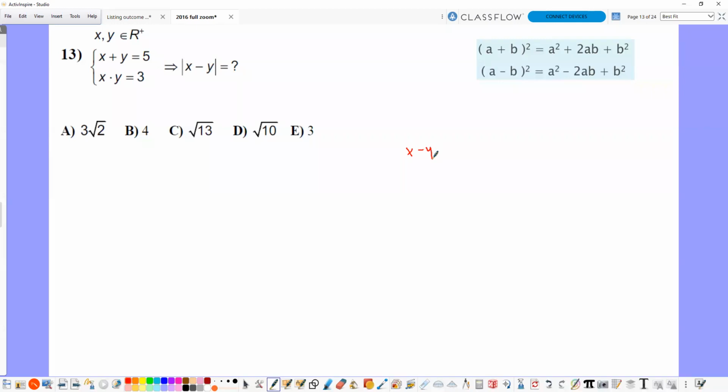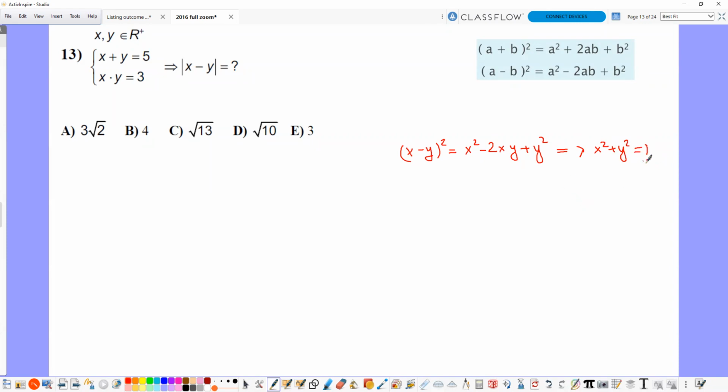If I need x minus y squared, I need x squared minus 2xy plus y squared. So to get x minus y squared, I need 2xy. xy I know. And I need to find what x squared plus y squared is.